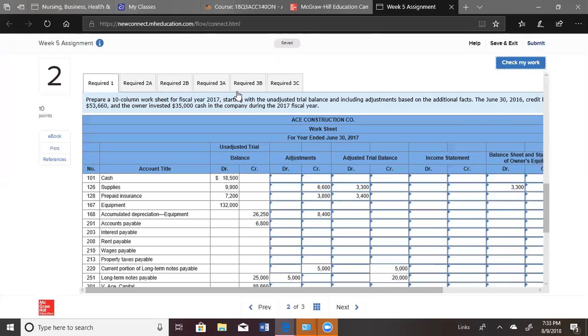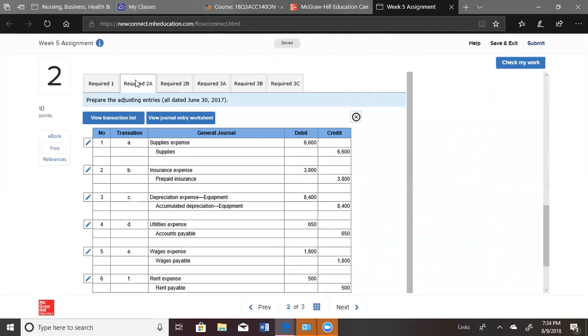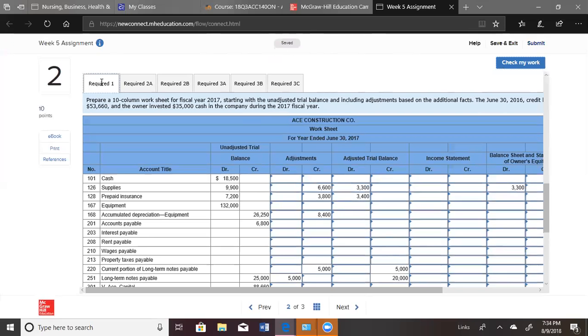So basically required 1 and required 2A go together. All of them go together, but right now you can just do the adjusted trial balance for required 1. After you do that, you can read the chapter.